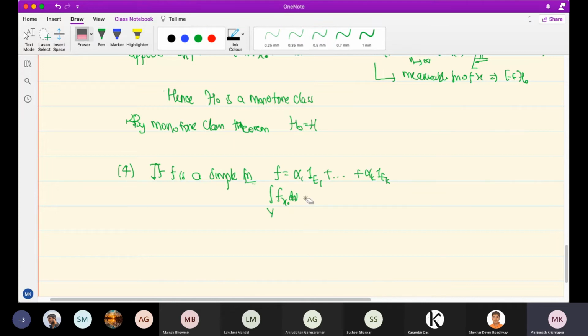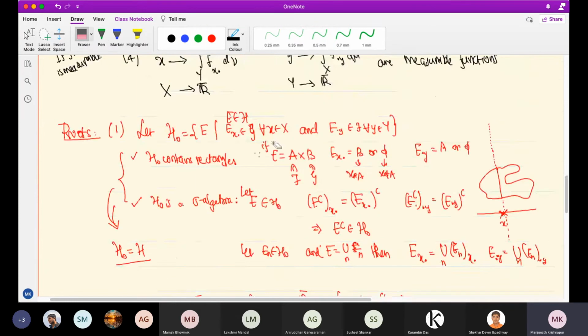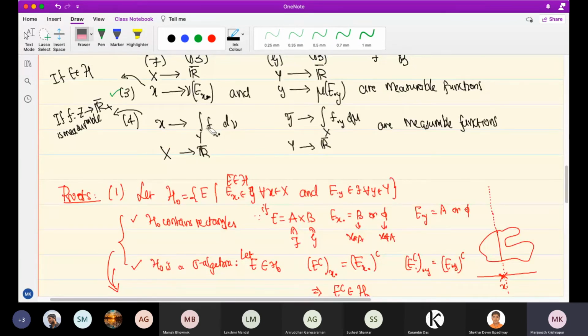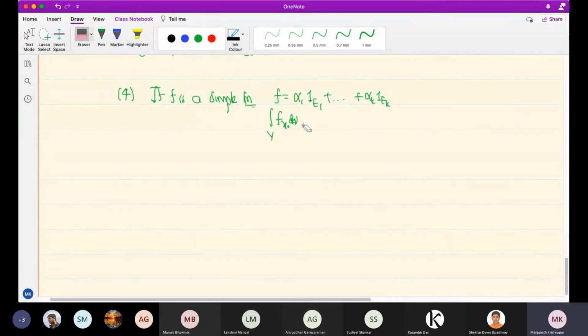So what is it that I am supposed to show? If you take the vertical section of f and integrate with respect to nu, what function do I get? f_x dot is just the alpha 1 indicator E1 section plus alpha k indicator ek section.